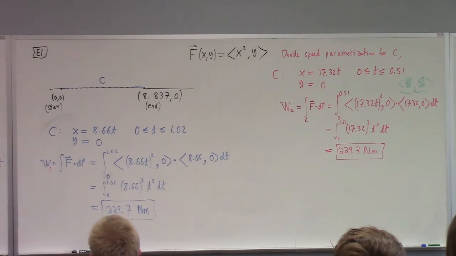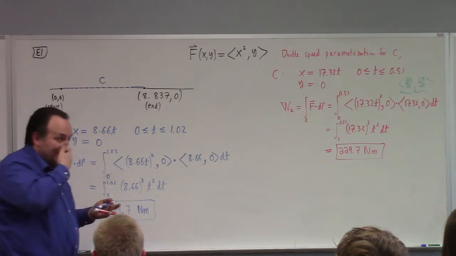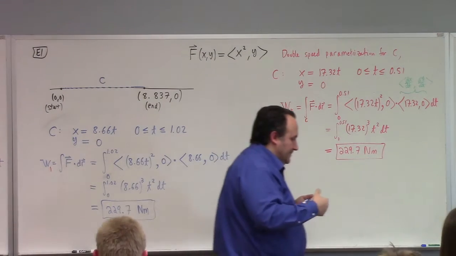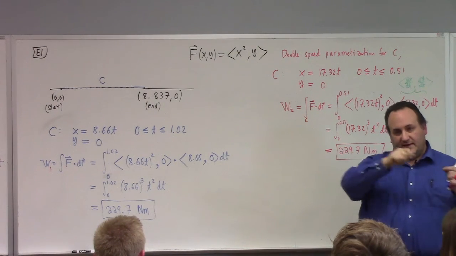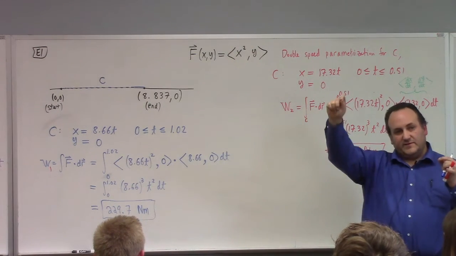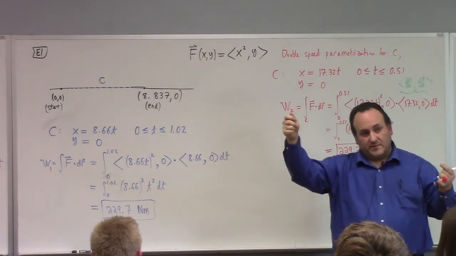If you reparameterize the curve, you end up, by the u substitution theorem, getting the same formula for the work. So in your calculus 3 class, this is super nice because it means that it doesn't matter how you get from point A to point B for a static force field and a given set of points that connect those two points. The work is unambiguously defined using any parameterization.